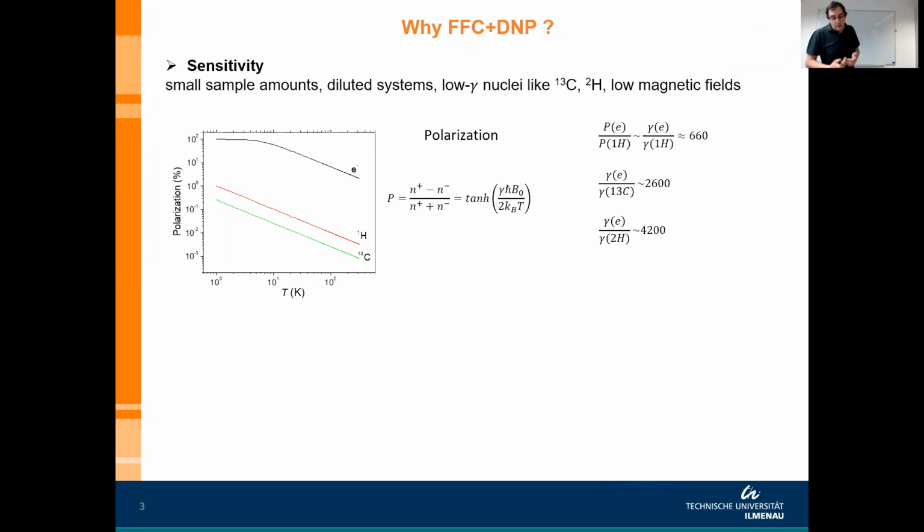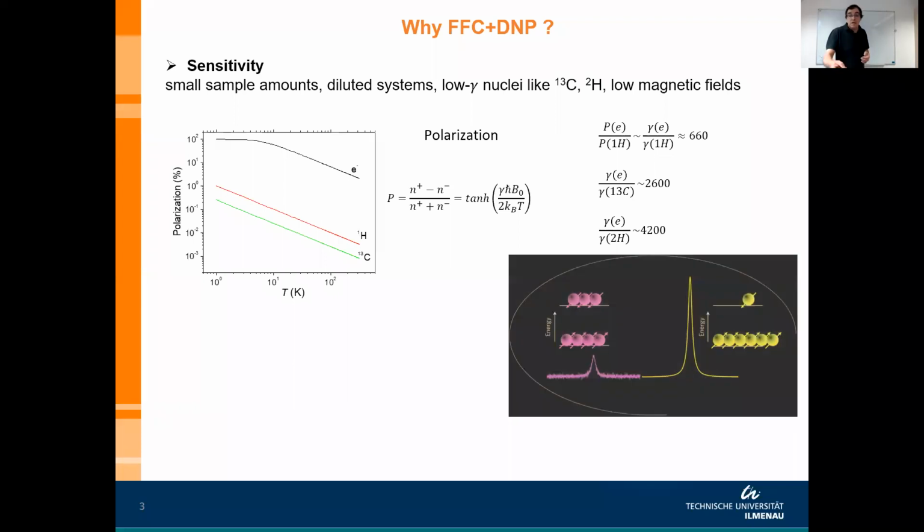This is realized by irradiating a radio frequency at the right frequency, basically in the sigma level of the electrons, and is used basically for increased signal sensitivity.